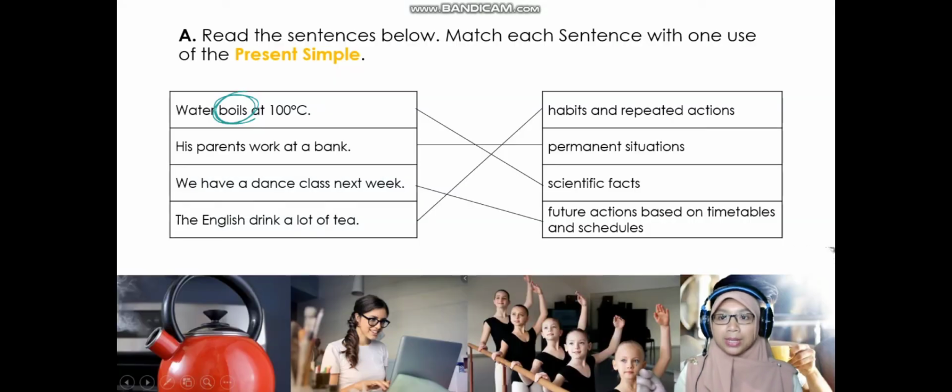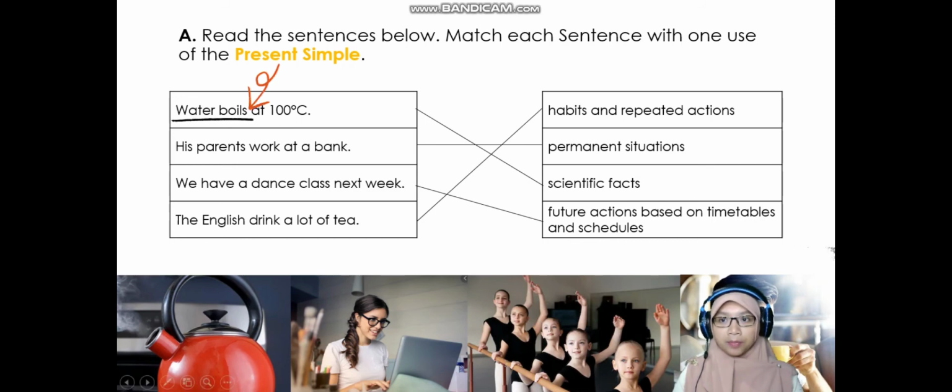For example, this one, number 1, boils, present simple. Work, present simple. Have, present simple. Drink, present simple, or simple present tense. I really hope you get that, and always remember that when it comes to present simple or simple present tense, if it's singular, kalau singular dia tambah s dekat verb.